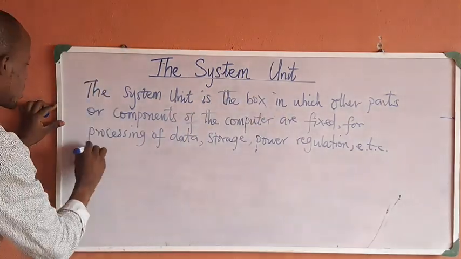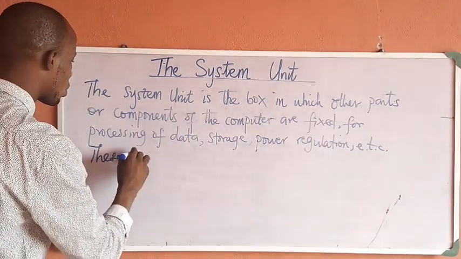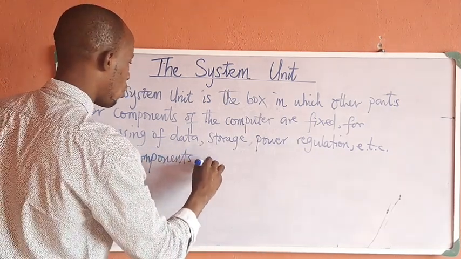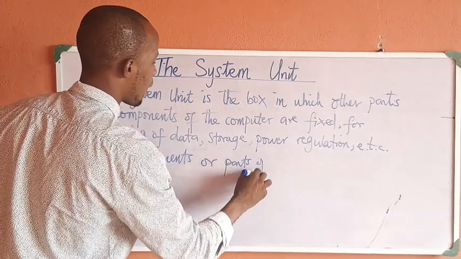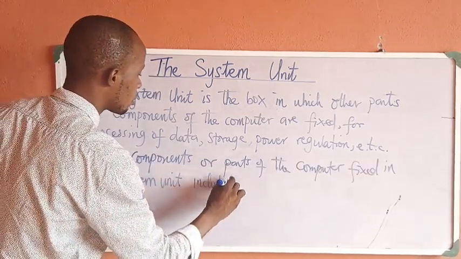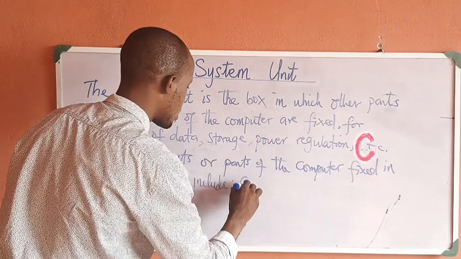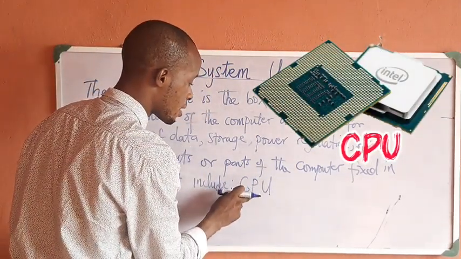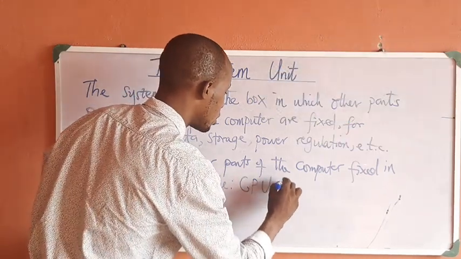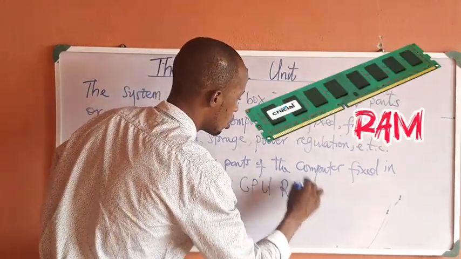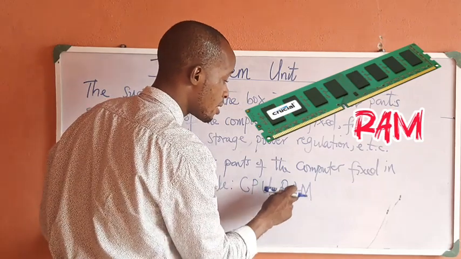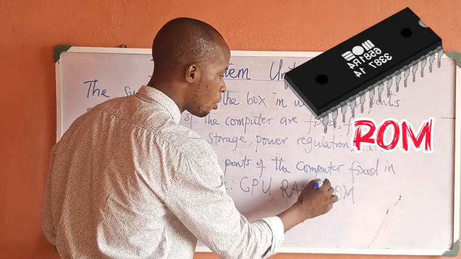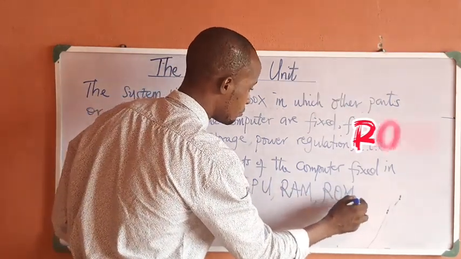These parts include the CPU, which is called the Central Processing Unit, the RAM, which is called the Random Access Memory, the ROM, which is called the Read-Only Memory.